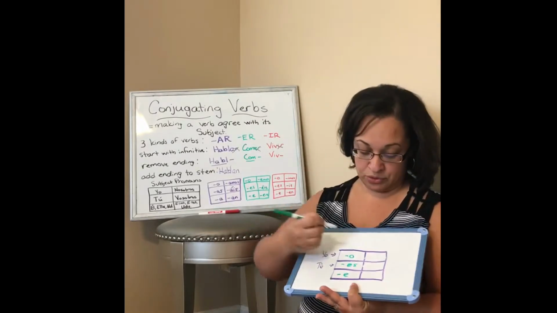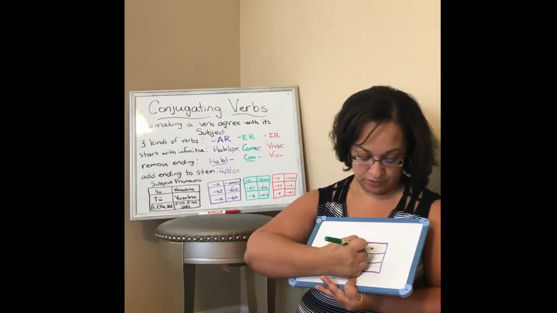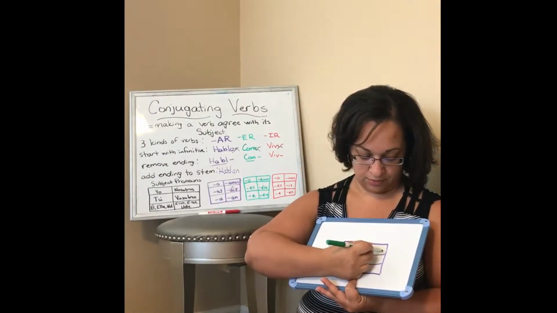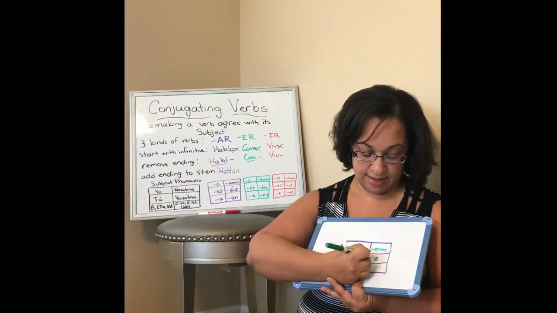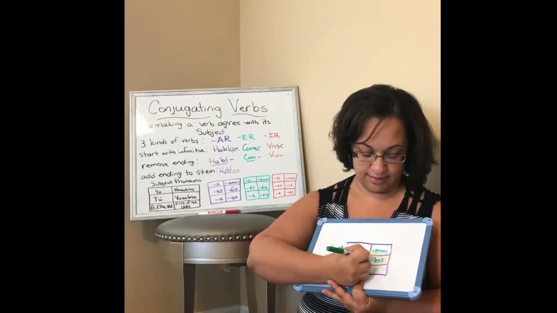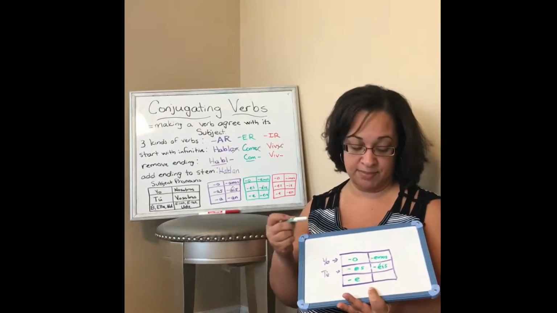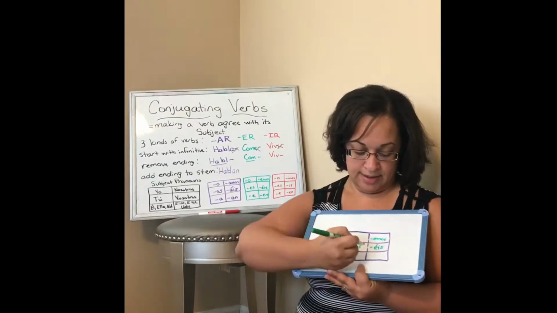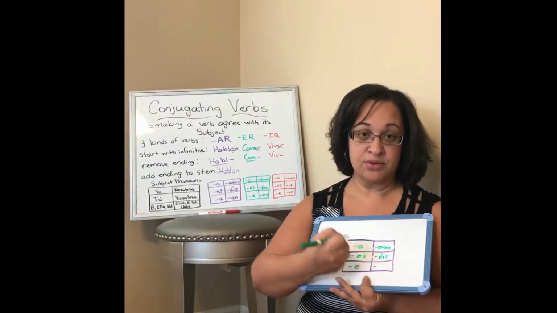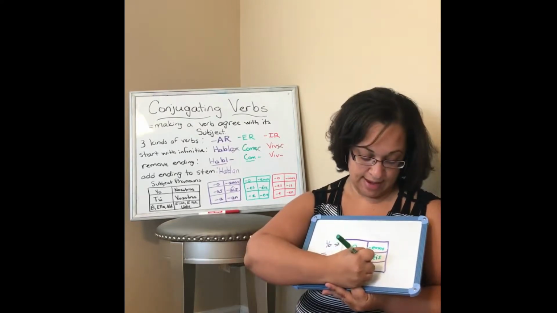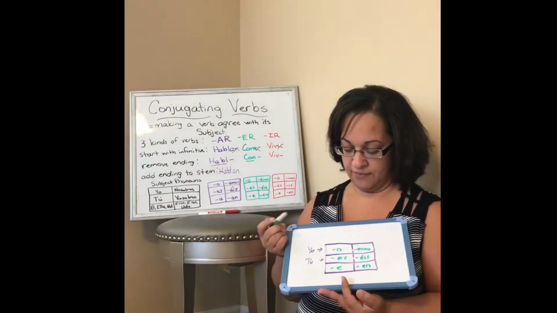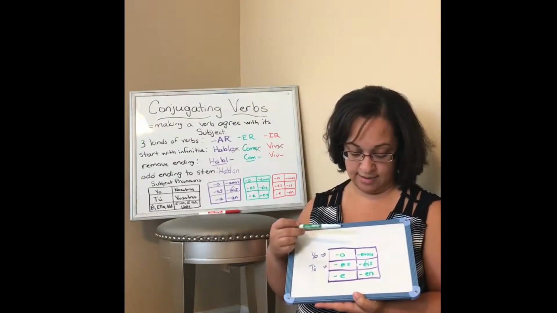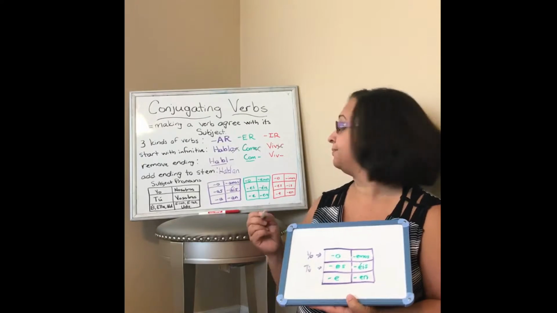Then we have nosotros, emos. Then we have vosotros, éis, E-I-S. And just like with the AR, there's an accent mark, except this time it's above the E. And then you have ellos, ellas, ustedes, en. Okay? So we have o, es, e, emos, éis, en.